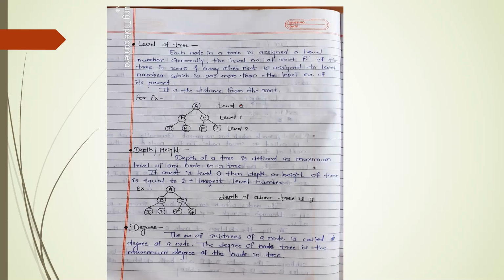Means the level number of a child is plus 1 of the parent. Level number of the root, node A, is level 0. Next nodes B and C, the second nodes, are level 1 and the next is level 2.